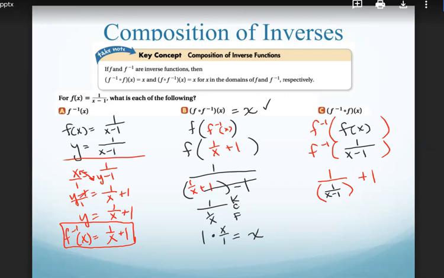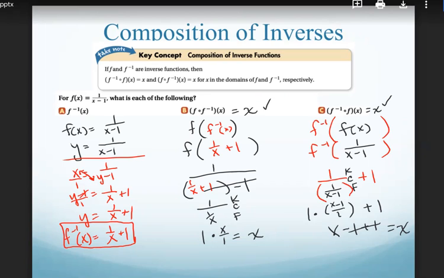So we're going to again do keep, change, flip. 1 times x minus 1 over 1 plus 1. This becomes just x minus 1 plus 1, which is just x. If both of those equal x, then we know for sure that those two functions are inverses.